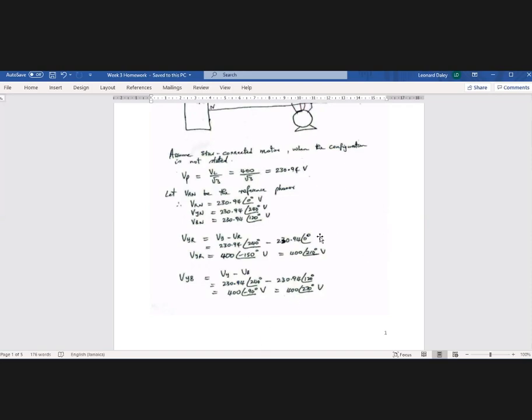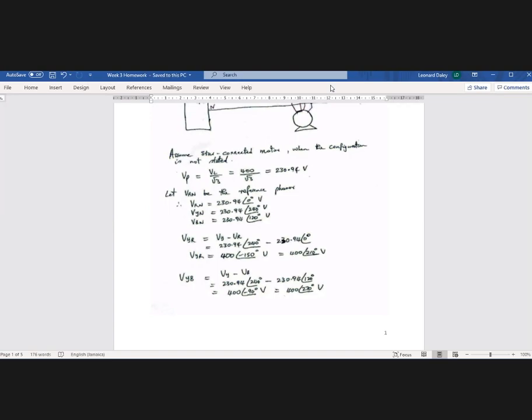All right, so you just basically put them on a graph sheet. The question said with the aid of a phasor diagram, calculate wattmeter indication and so forth. So you need to know how to draw your phasor diagrams.